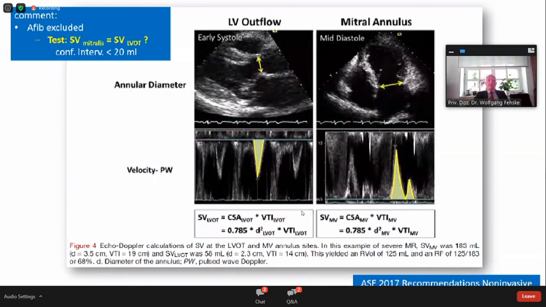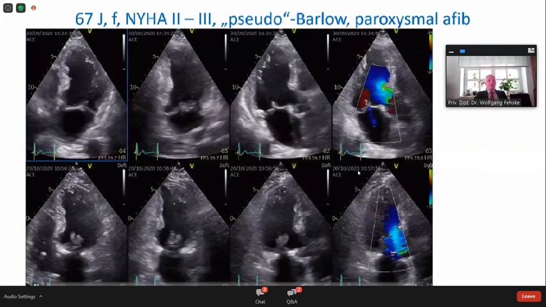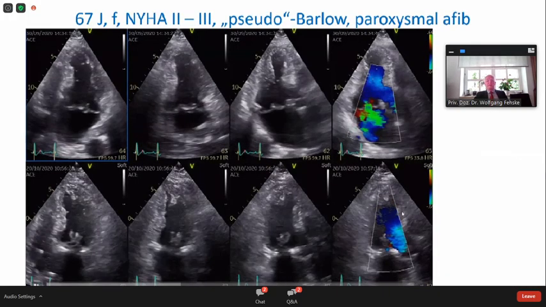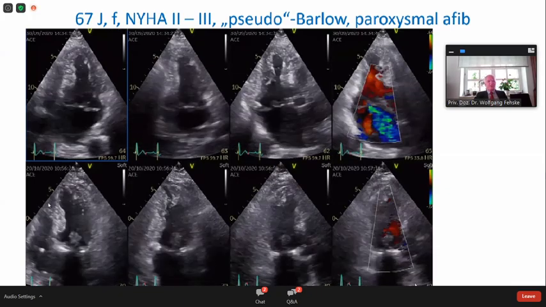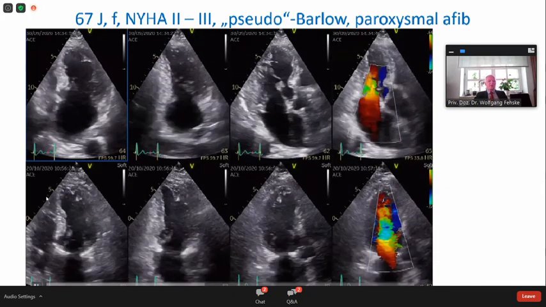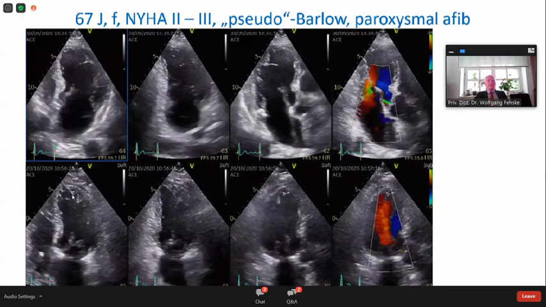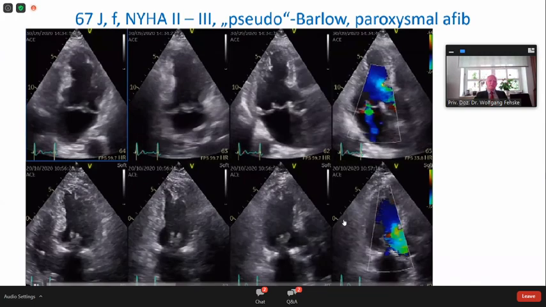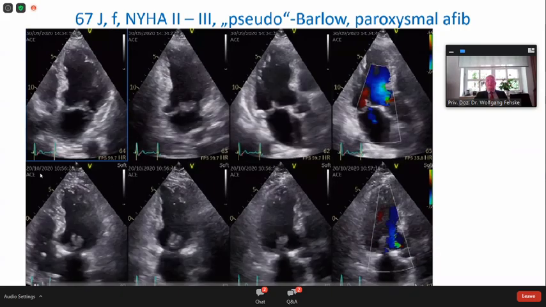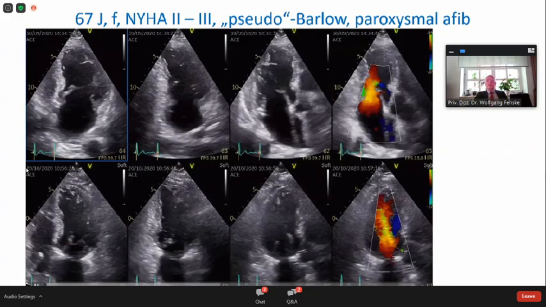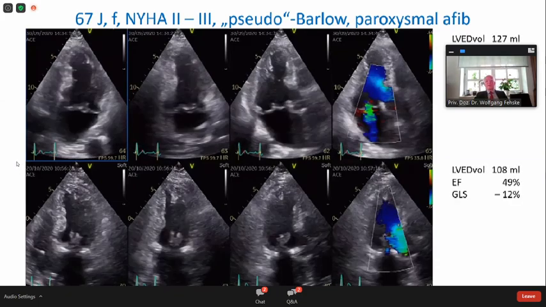What we find, which really assures us that we made the right decision to operate on these patients and reconstruct the valve, is that the ejection fraction of this patient goes extremely down, but the ejection fraction is only one part of the story.